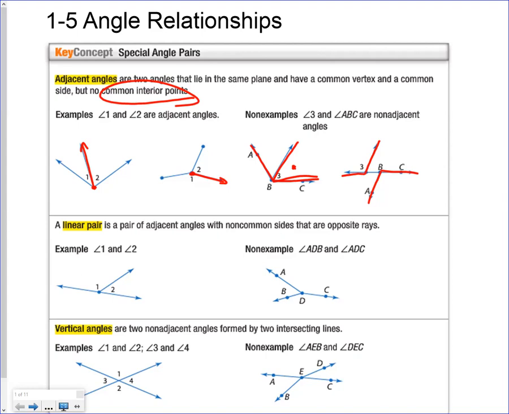Does anyone remember what else was true about vertical angles from the activity? Again, vertical angles are like 1 and 2, and then 3 and 4 are also vertical angles. Do you know what's true about angles 1 and 2? The degrees are the same.